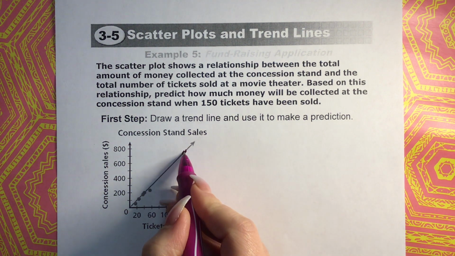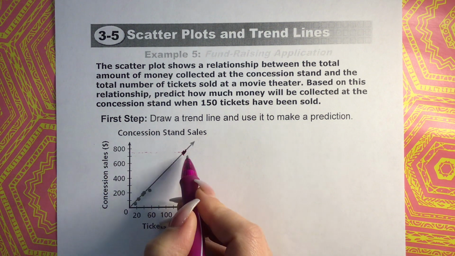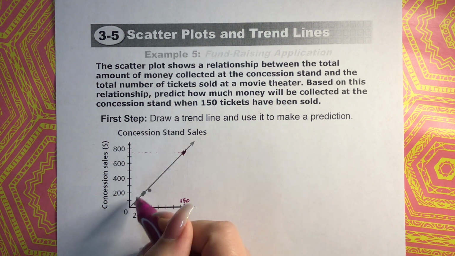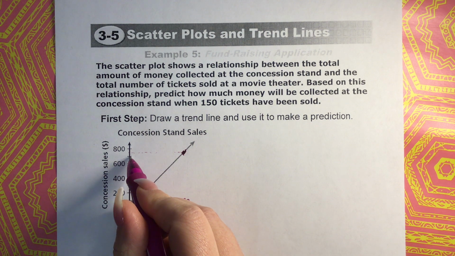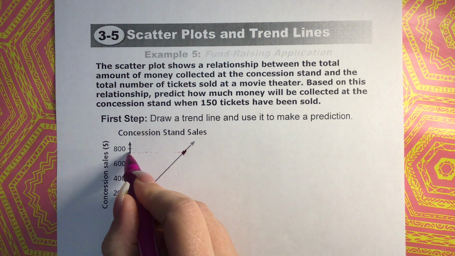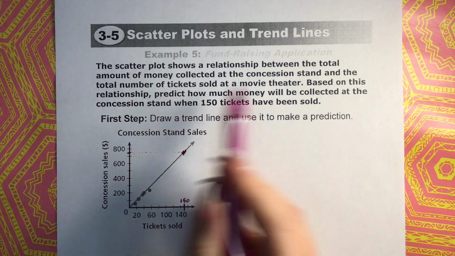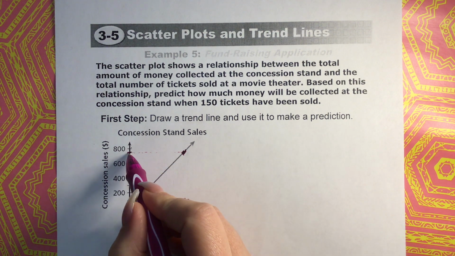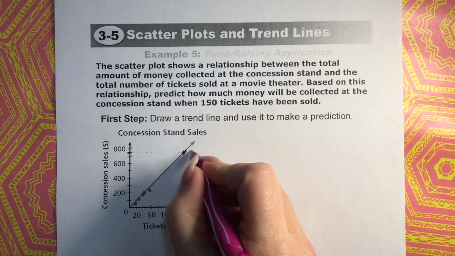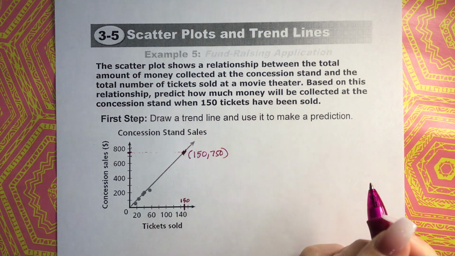And if I put that over here, that's going to be right about there, which would be, okay, what is this? 100, 200, 300, 400, 500, 600, 700. I'm going to say about 750. That's what it looks like. So based on this, this was 700, 800, halfway in between there, 750. So I would say this point is 150, 750.